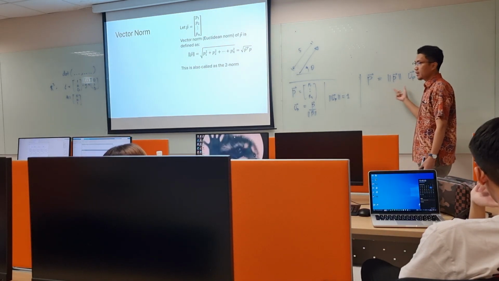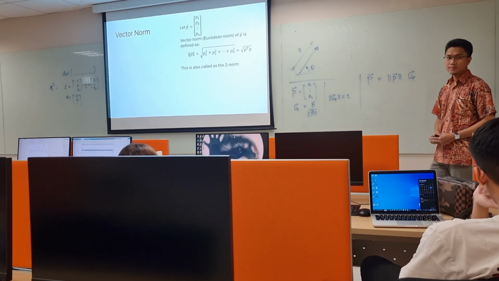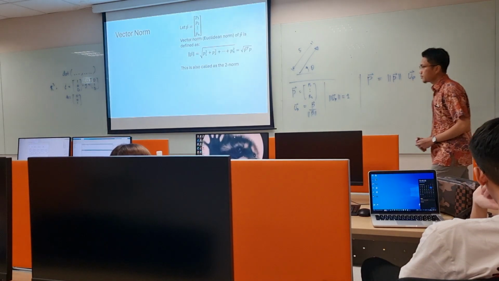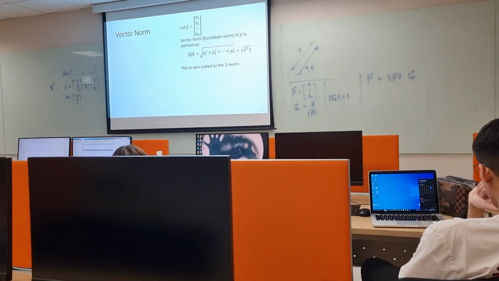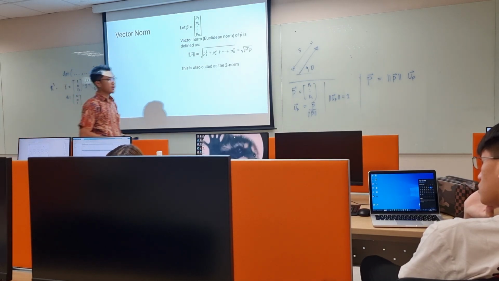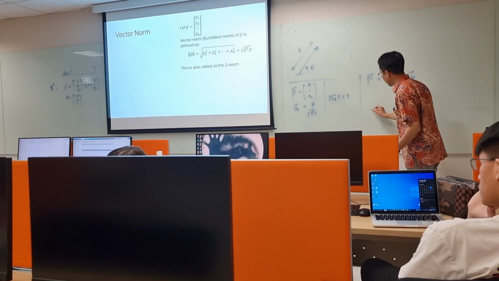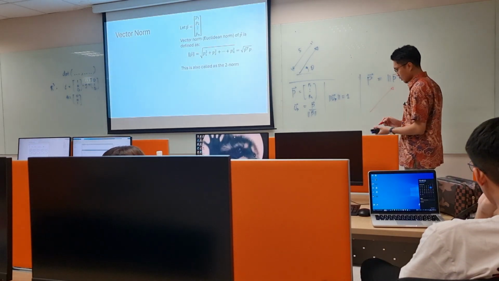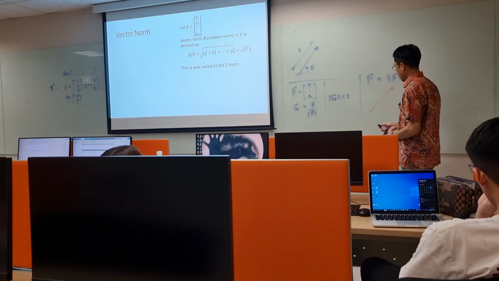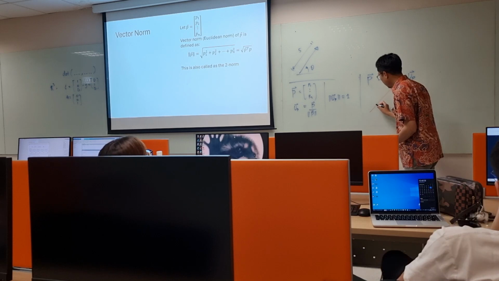Magnitude multiplied by the unit vector. Let us draw it graphically. What does it mean graphically? If you have vector b like this, the unit vector with the length of 1, let's say it's over here.